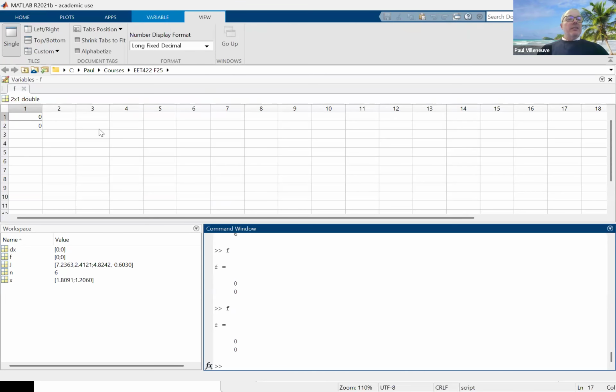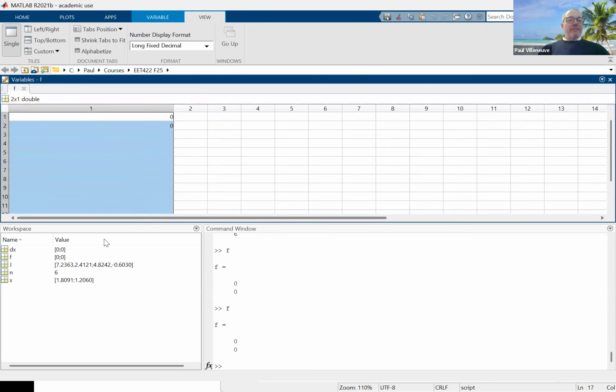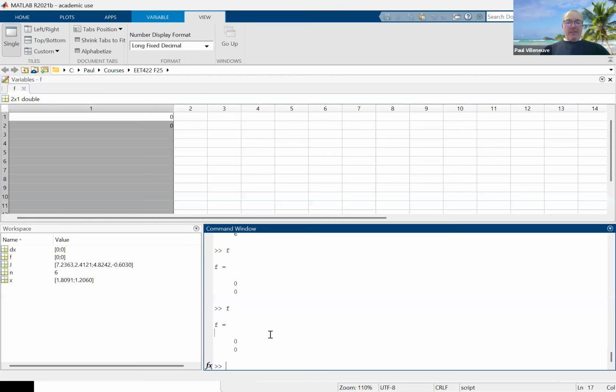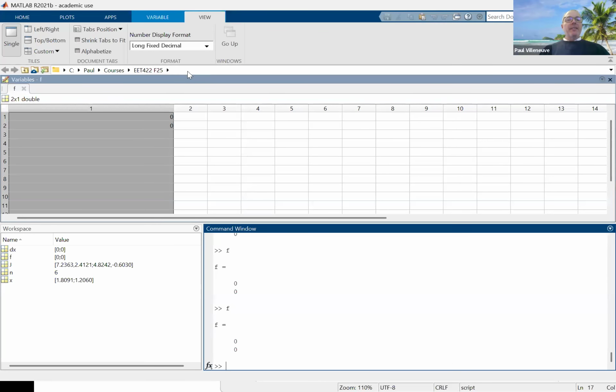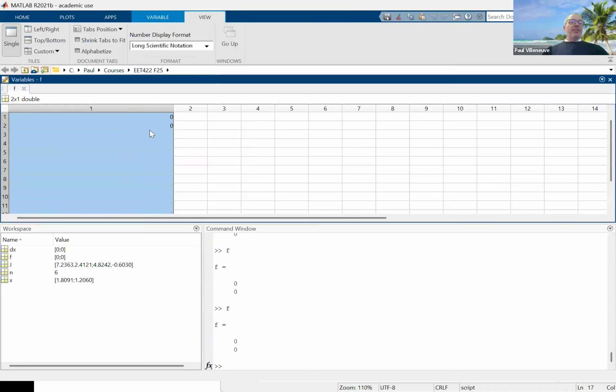Whoops. It's not displaying it. I'll just try putting F over here. Does that do it? No. Should be displaying it with more precision. Yeah, this is even showing that it's 0. So even with the long decimal, you can't even see it deviating from 0.